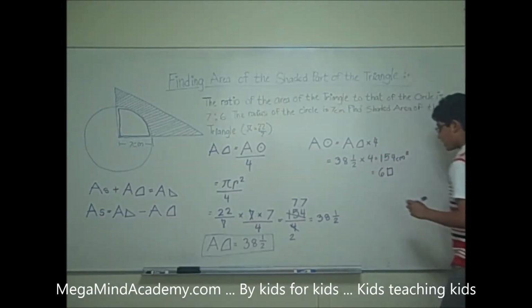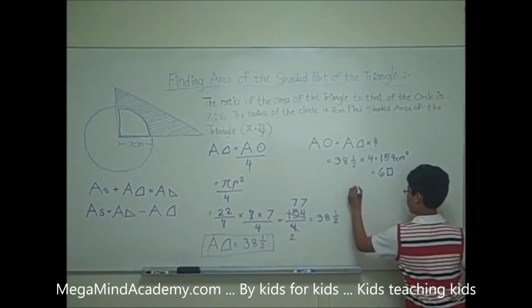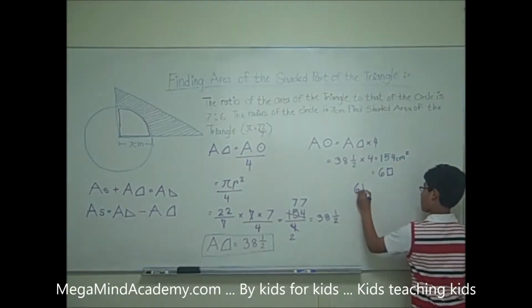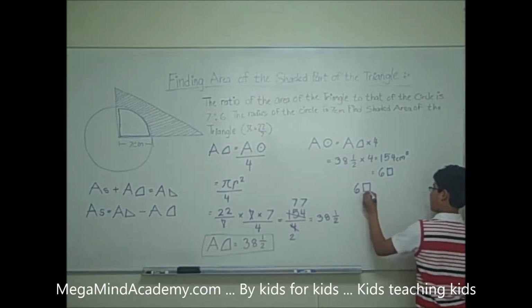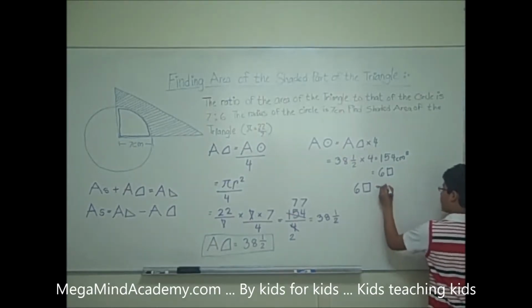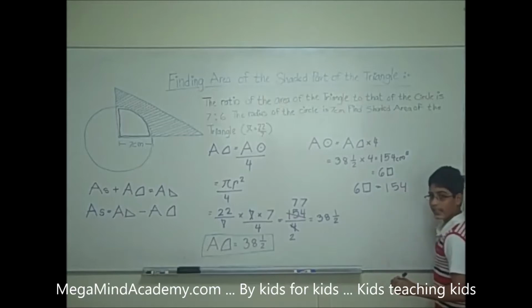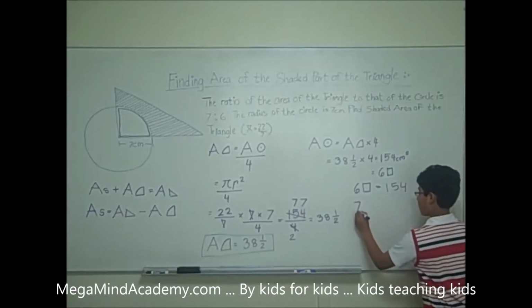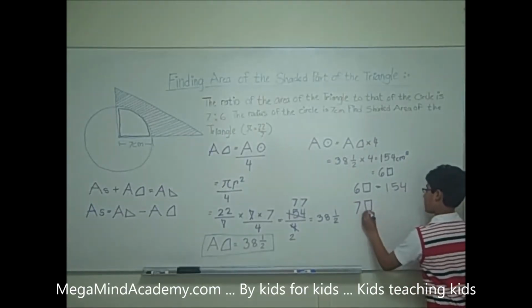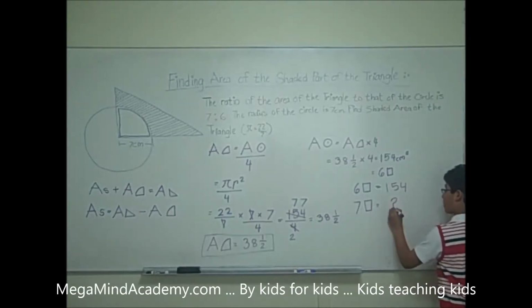If 6 units is equal to 154, then 7 units is equal to how much?